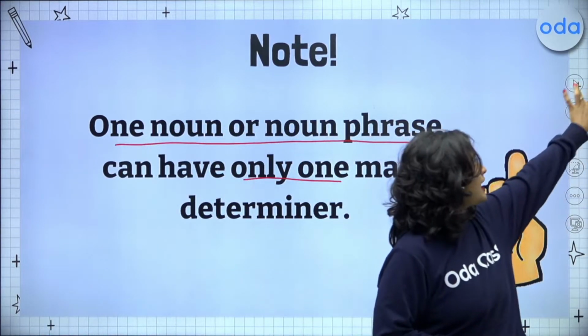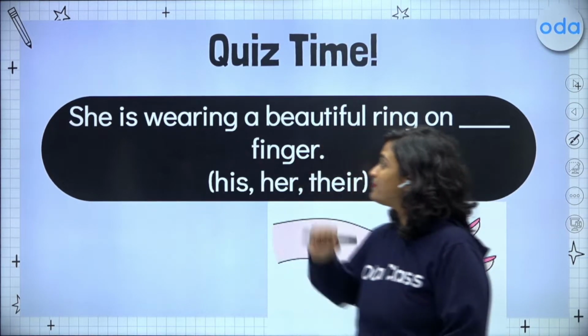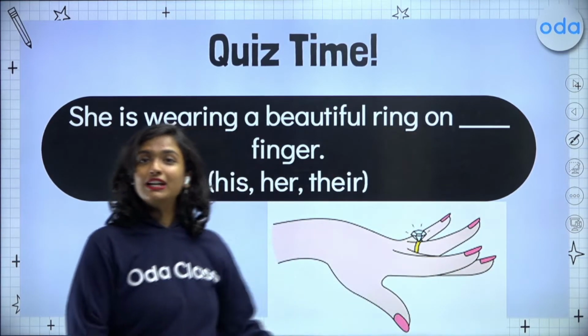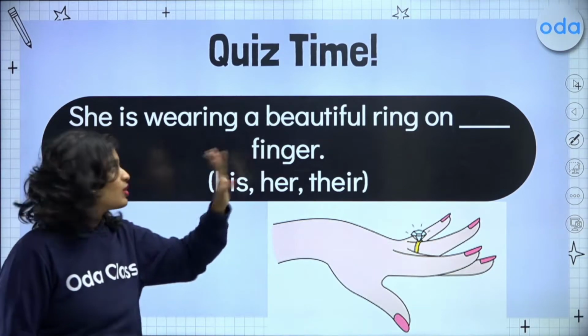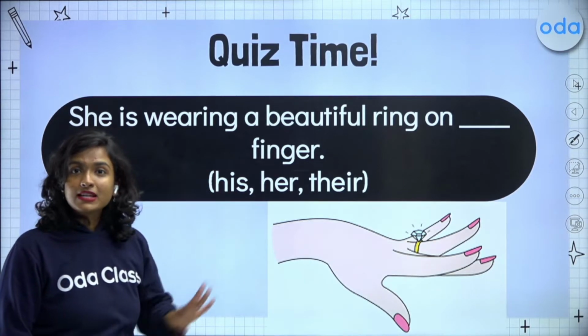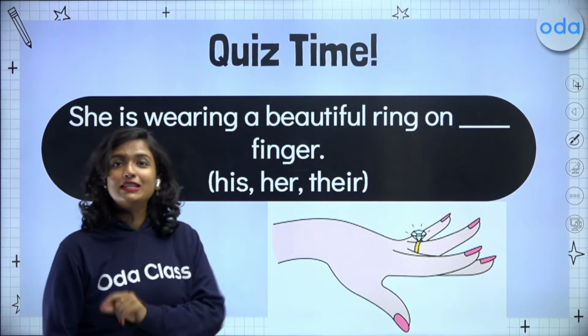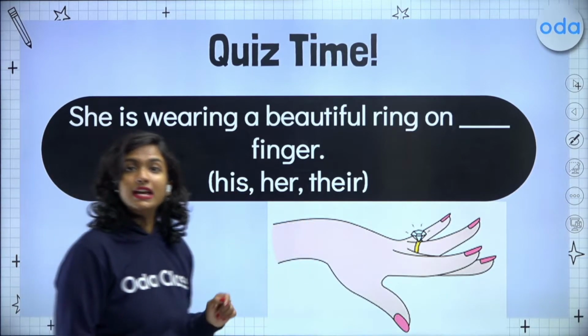Okay, so let's start, students, with our very first question for the day, which is, she is wearing a beautiful ring on blank finger. Can you tell me, students, which of these possessives should I use in this blank? Should I use his, her, or their?